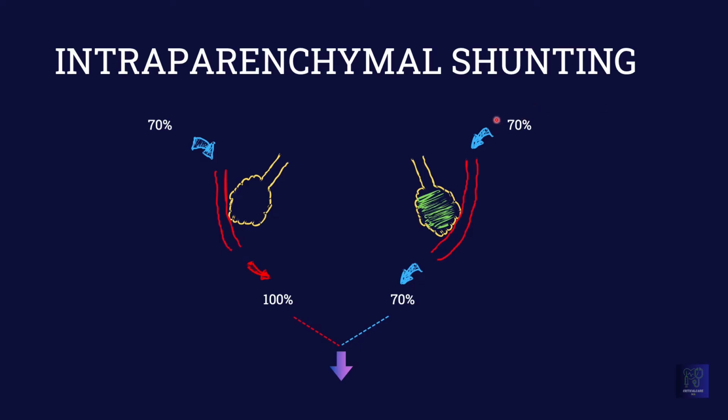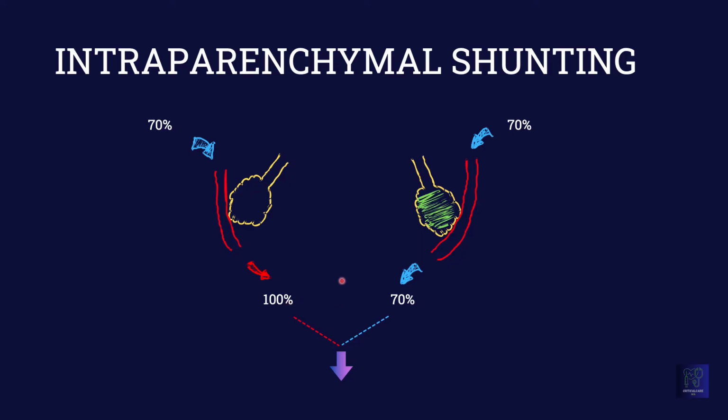So the venous blood that's going through this particular alveolus is not carrying any extra oxygen back into the left atrium. So depending on how many alveoli are diseased, the final blood entering the left atrium and ultimately the rest of the body is going to have an SpO2 somewhere between 70% to 100%.